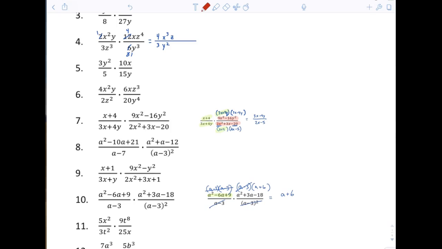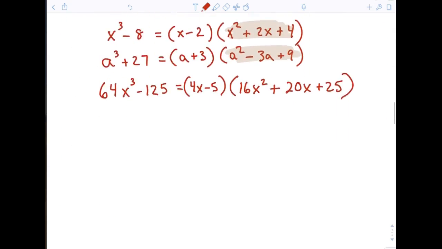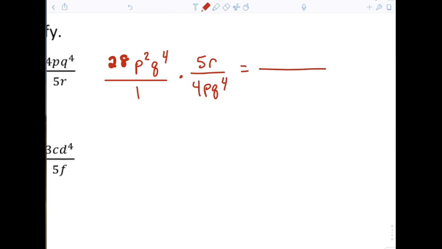All right, so here we go. Again, my advice is to always take care of the numbers first. So 28 becomes a 7, 4 becomes a 1, 7 times 5 is 35. I just like to put 35 over 1. The 1 obviously doesn't have to be there.